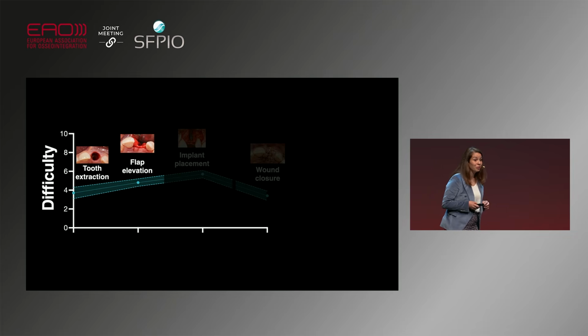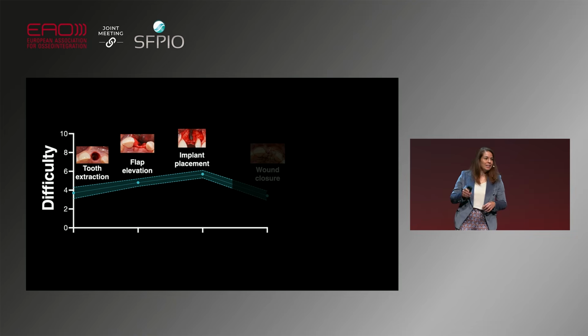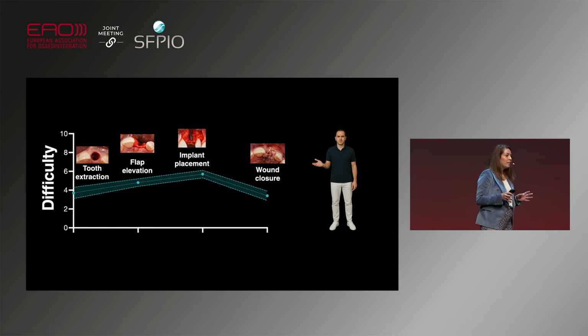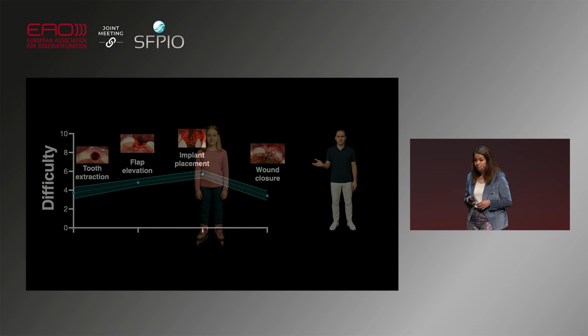If you would measure the cortisol, it would probably go up. And it peaks at implant placement, probably because maybe it's difficult, maybe you have to do a GBR. Then it gets easier, and they can relax more when they close the flap. So in general, you can say early is somewhere moderately difficult. Not very easy, but also not very difficult, according to those who answered the questionnaire.